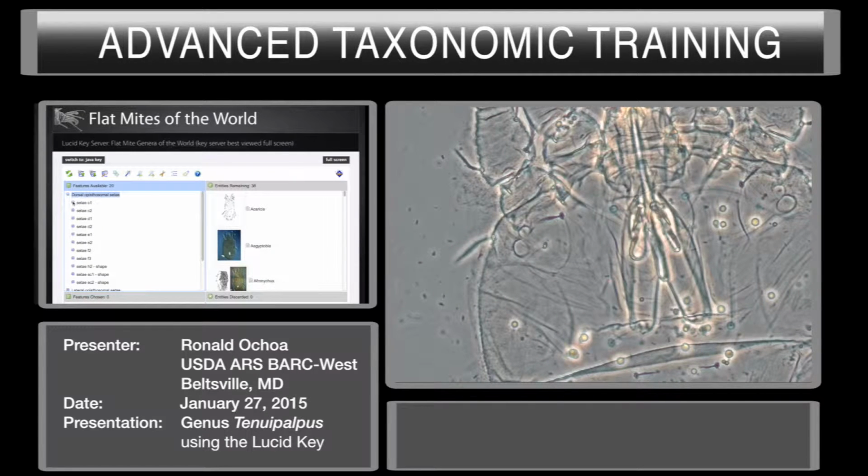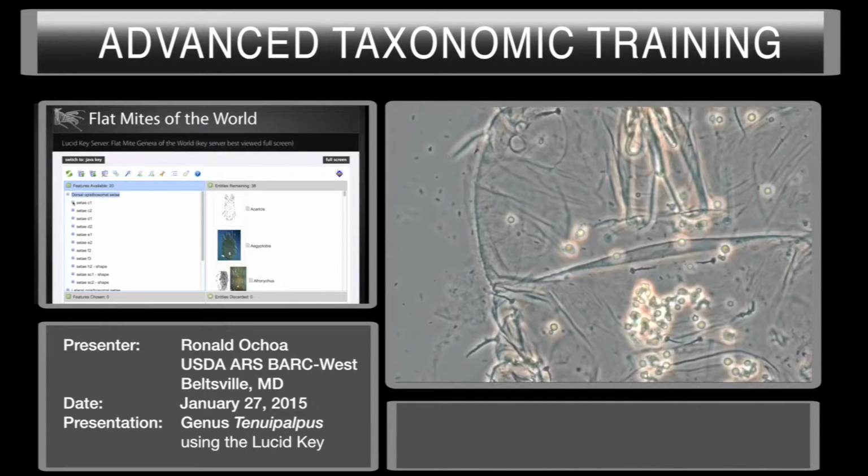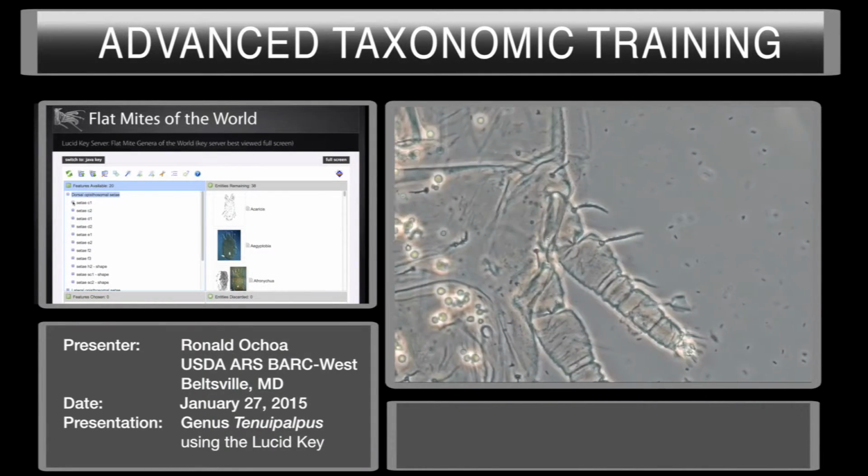You can see here the dorsal setae, here d1, c2, sc1, sc2, three setae. Notice that the three setae more or less are in the same shape, different sizes, but more or less the same shape. We can go over the opisthosoma.